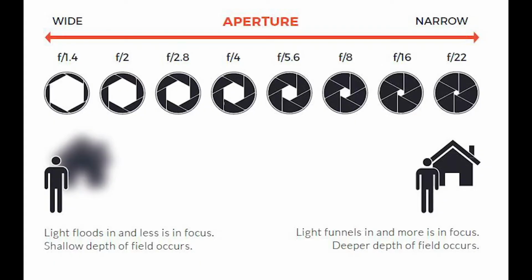That's your aperture. The smaller the hole, the more focus everything else in front of you will be. The wider the hole, it blurs out the background and it lets more light come through.